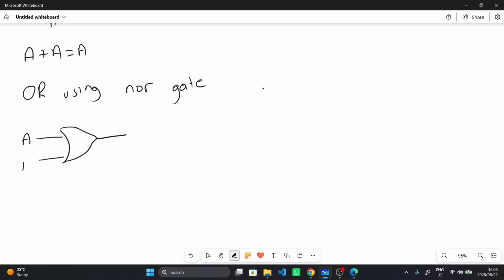Then we have our A plus B, so we want A plus B, correct? So how are we going to do A plus B? Let's say we draw our NOR gate. So this NOR gate output will be A NOR B, which is A plus B complement, right?